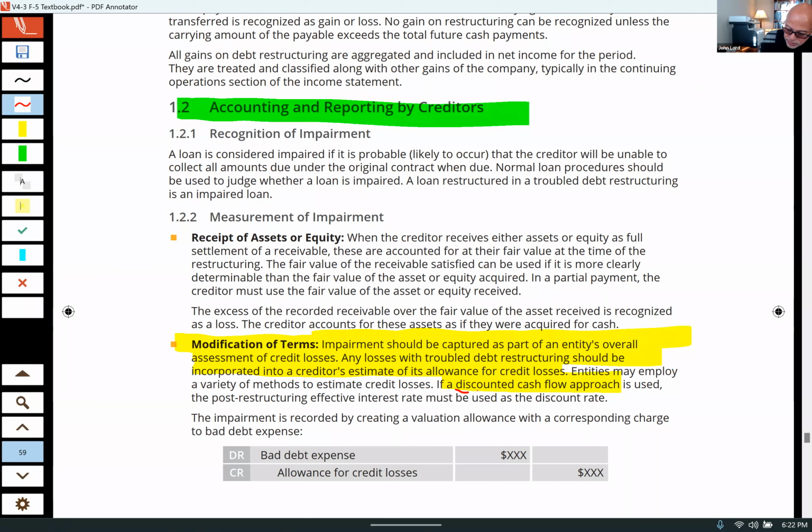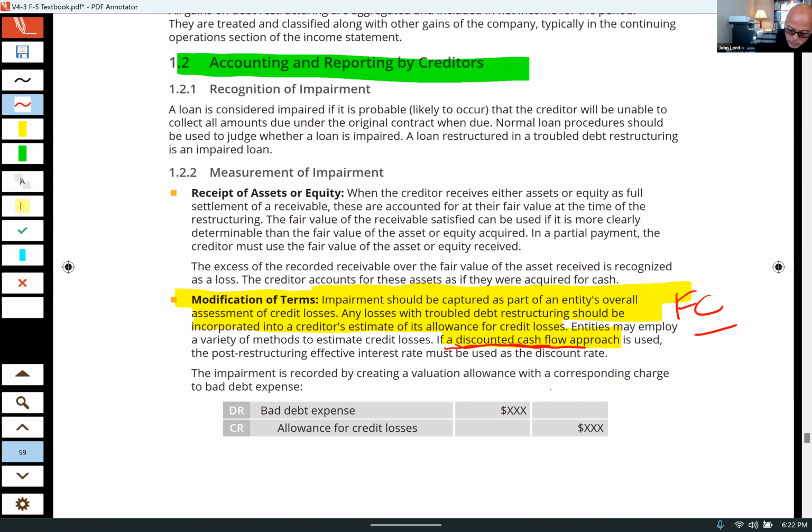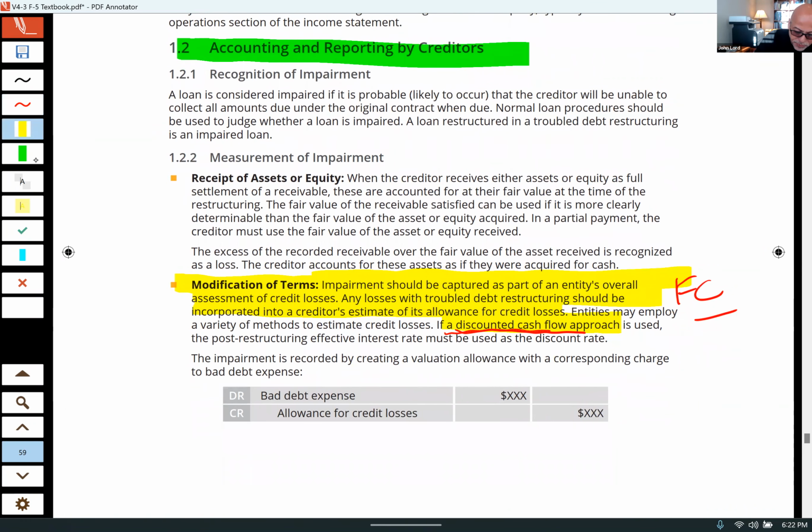That's the key thing. For the debtor, don't discount the cash flows. For the creditor, do discount the cash flows. And the difference between the carrying amount and the discounted cash flows, not of the debt, but of the receivable in this case, has to be set up as a bad debt expense, and you credit the allowance for credit loss.